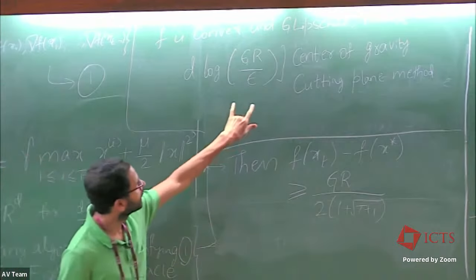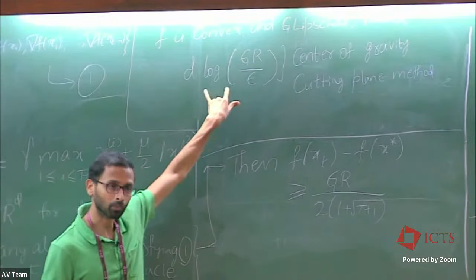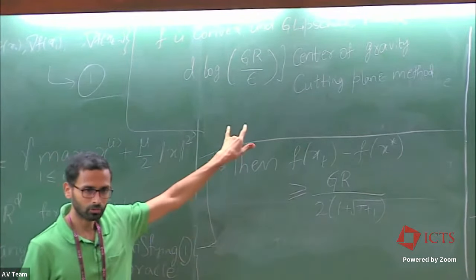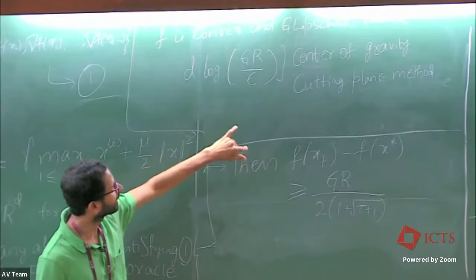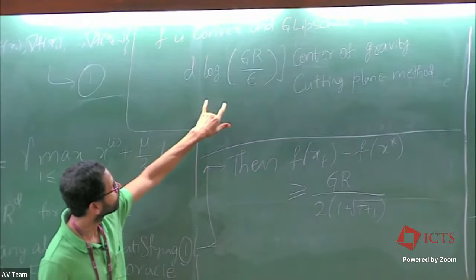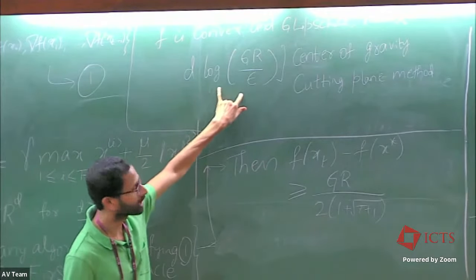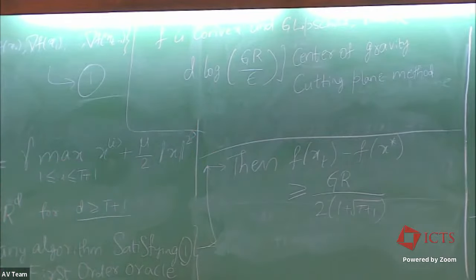Here it's completely optimizing the number of queries it makes to the oracle, but the computation required per step is extremely large. And even in smaller dimension, there are other sophisticated methods, still requiring something only logarithmic in GR over epsilon, but something polynomial in the number of queries.